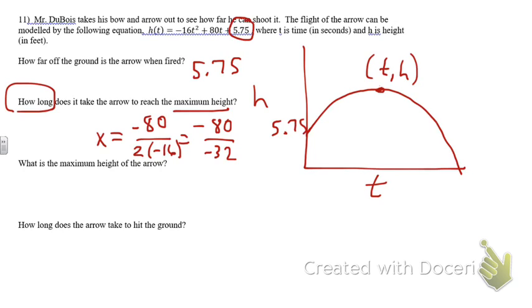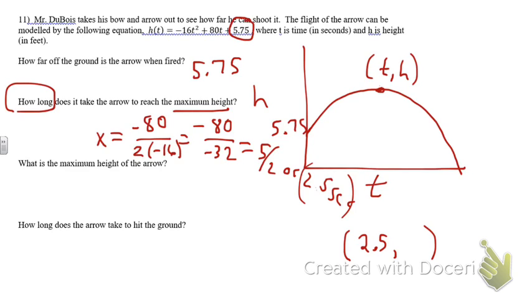You can use your calculator to reduce it and get 5 halves, 2.5. And that is in seconds. So I know that the x-coordinate of my vertex is 2.5.